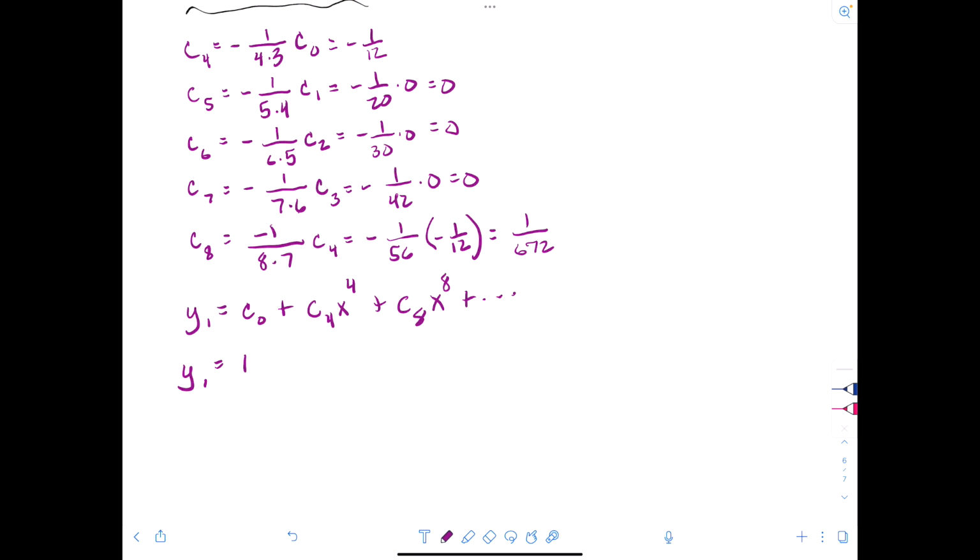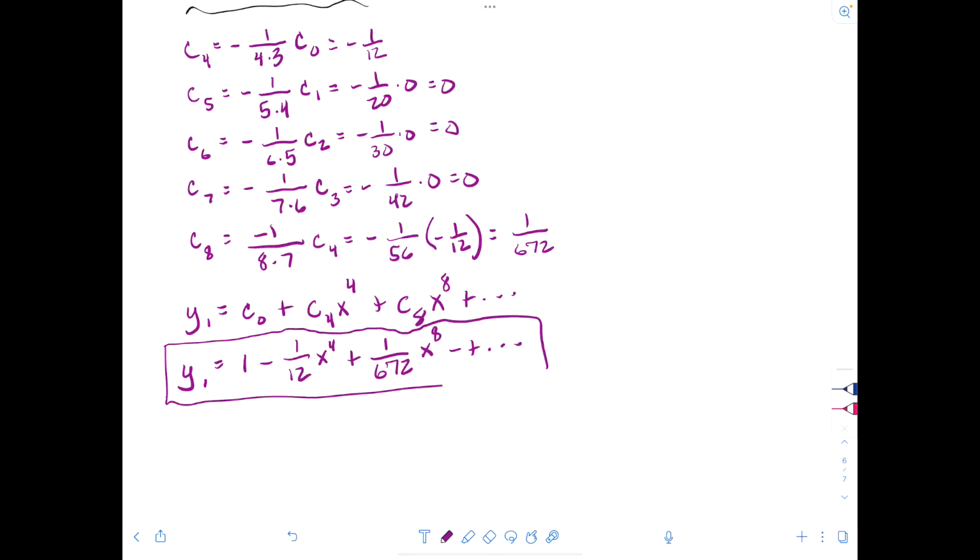C4 was negative 1/12. C8 is positive 1 over 672 times x to the 8th. And then minus plus ... So that's our first solution.